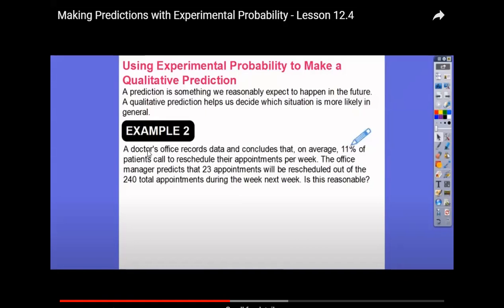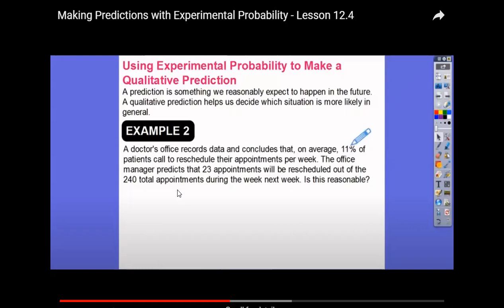A doctor's office recorded data and concludes that on average 11% of patients call to reschedule their appointment per week. The office manager predicts that 23 appointments will be rescheduled out of the 240 total appointments during the next week.